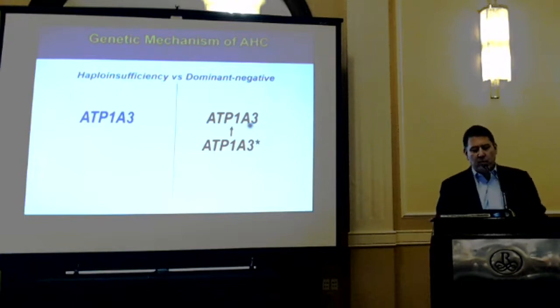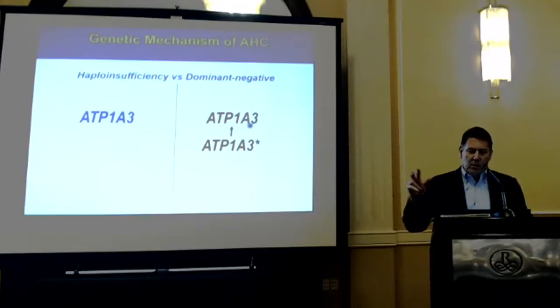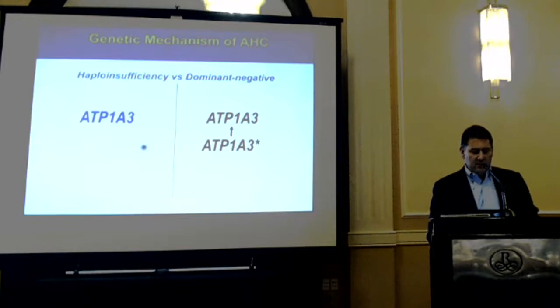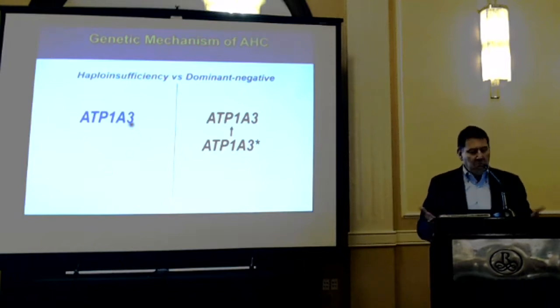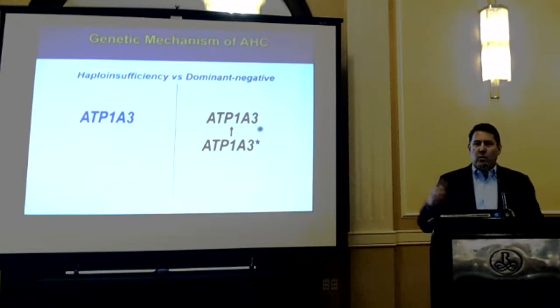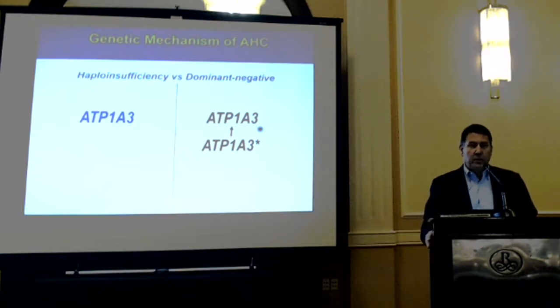And the reason this is pretty important, and I think we've heard a little bit about gene therapy this morning from Dr. McCarty's lab, is if the idea is haploinsufficiency, then supplying more blue ATP1A3 should solve the problem. If it's a dominant negative mechanism, then providing more normal ATP1A3, well, the question is, how much more do you need? And this, we don't know. So that's something that has to be reconciled.